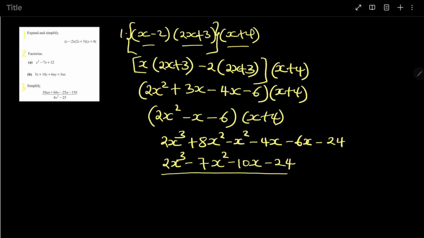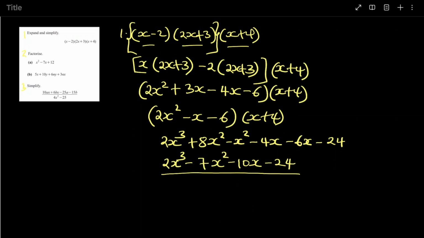And this is the end. You cannot expand further. Actually, at this level, we had already expanded in the second last step, but then in the last one, we were simplifying. So the product of 3 brackets, first handle 2 of them, after getting the answer, then include the last bracket. So I hope you've understood that.